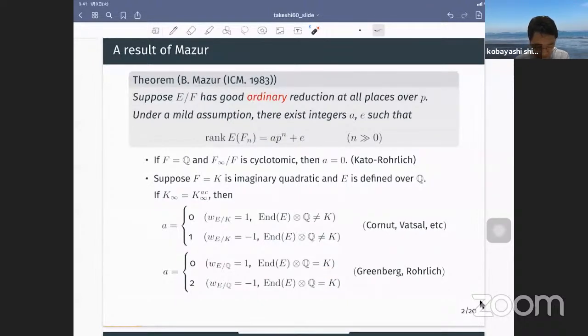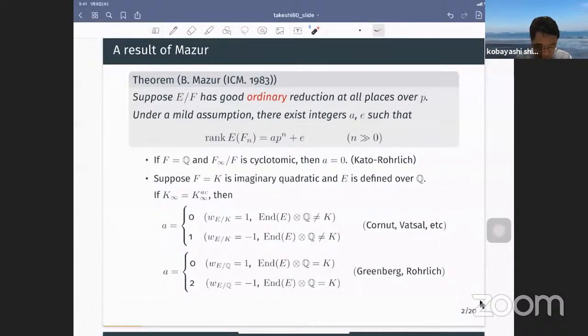The first one is called generic. So it may have CM, but not by K, but by a different imaginary quadratic field, or it has no CM.